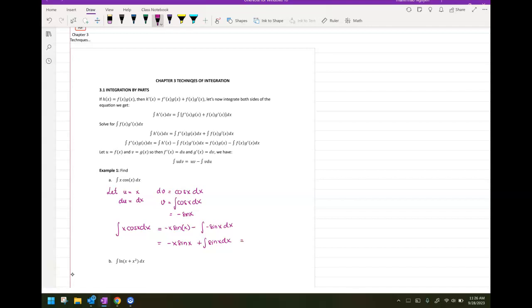We know the integral of sine of x dx, so this is x sine x plus cosine of x plus a constant c.